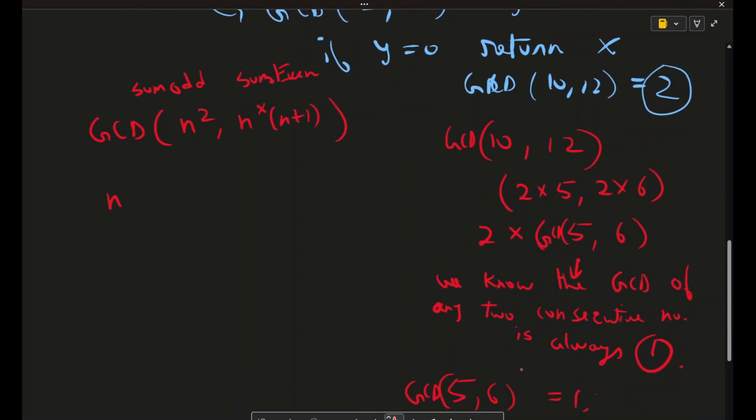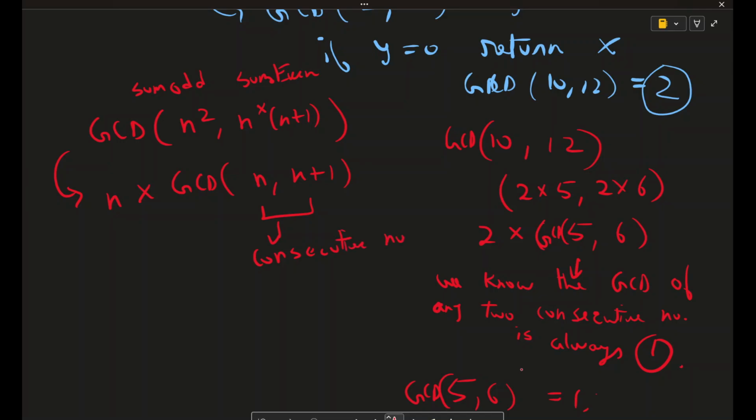Okay, so similarly, for this one I'll write n into GCD of, I'm just taking n outside, common, n plus 1. And here we can see that these two numbers are consecutive numbers. So their GCD, GCD of n comma n plus 1, will be equal to 1.